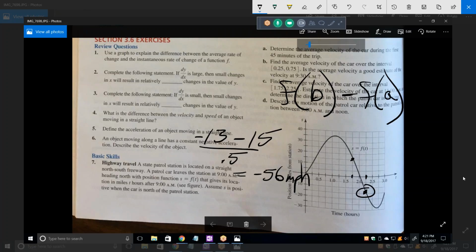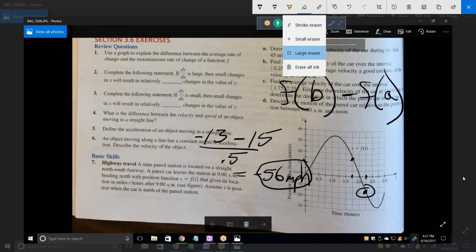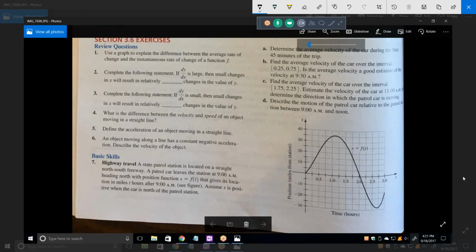Now, what that means is that between those two times, he's going 56 miles an hour, but he's going back south. Let's look at his trip here. He starts out going north. He goes north for 35 miles.